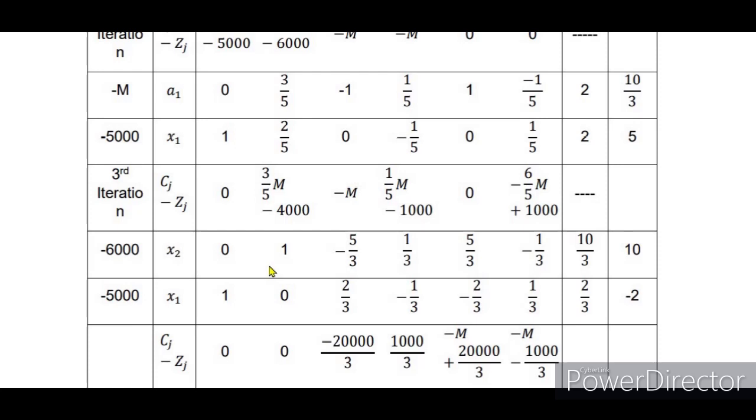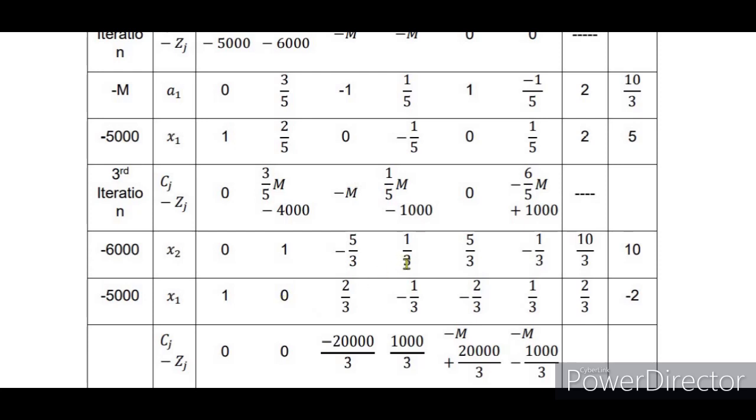So positive 10,000 plus negative 10,000 over 3 is equal to positive 20,000 over 3. Now we will subtract it from the numerical coefficient of x sub 3, which is 0 in this column. So 0 minus 20,000 over 3 is negative 20,000 over 3. That is why it is negative 20,000 over 3 here.